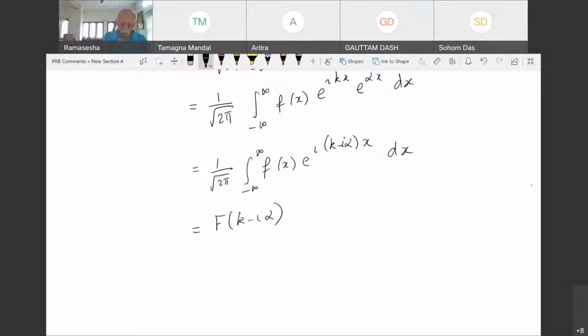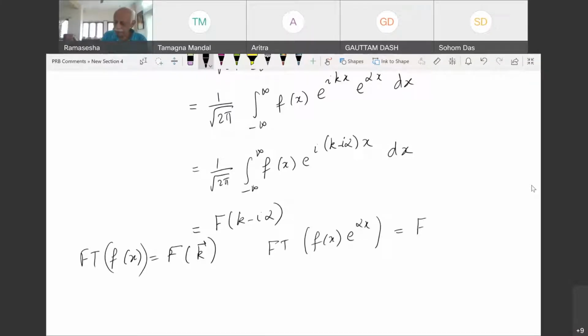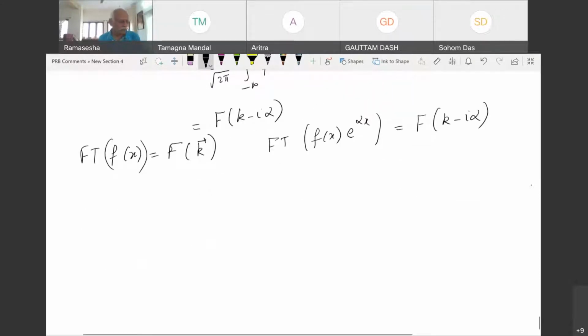So what we have is, if the Fourier transform of f of x is equal to F of k, then the Fourier transform of f of x e to the power alpha x is equal to F of k minus i alpha. That means I actually shifted the origin of k to i alpha. So this is called the shift.